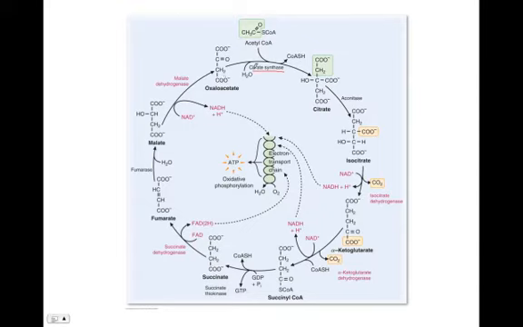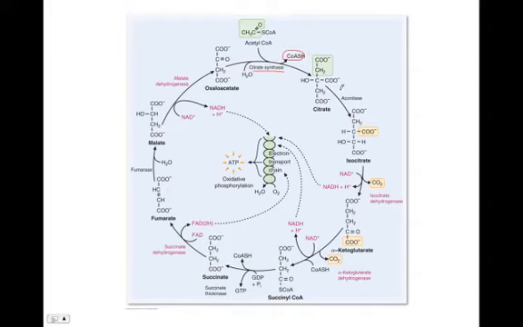The delta G for this reaction is highly negative. So this reaction moves in the forward direction quite readily. The energy for this reaction comes from the cleavage of this thioester bond, releasing CoA.